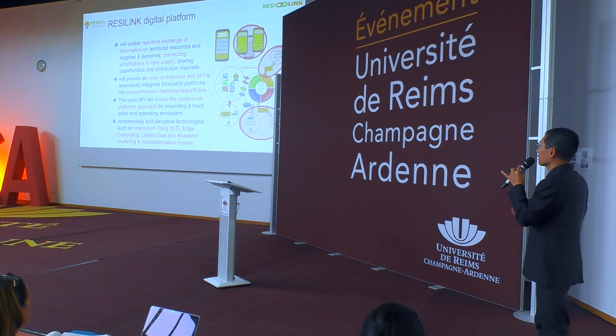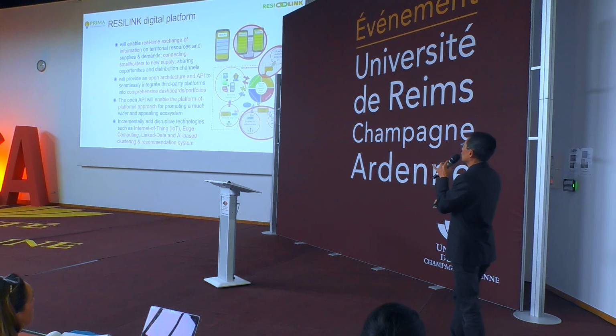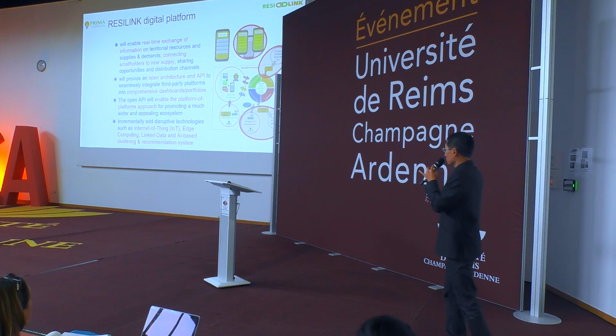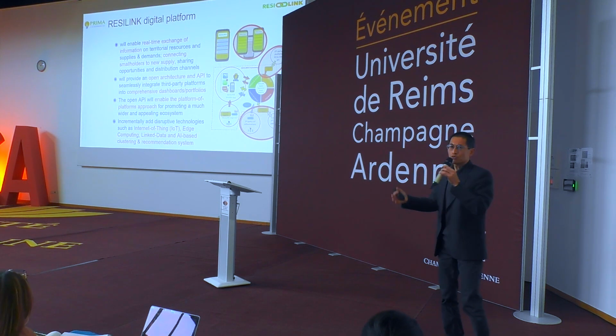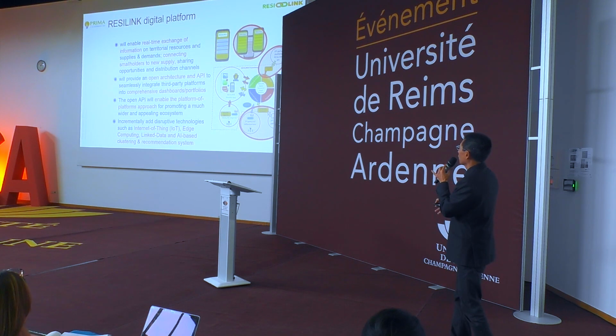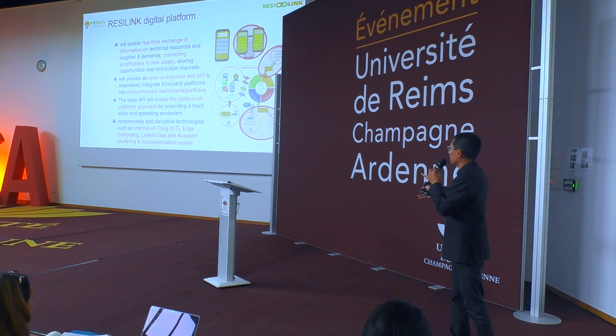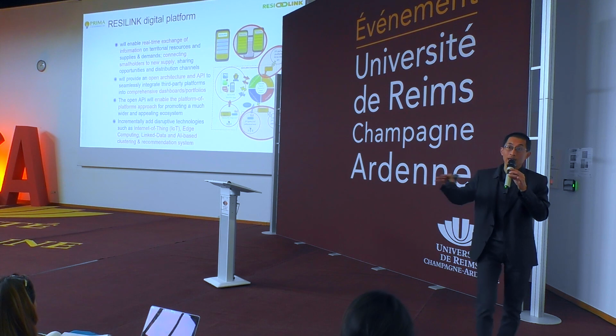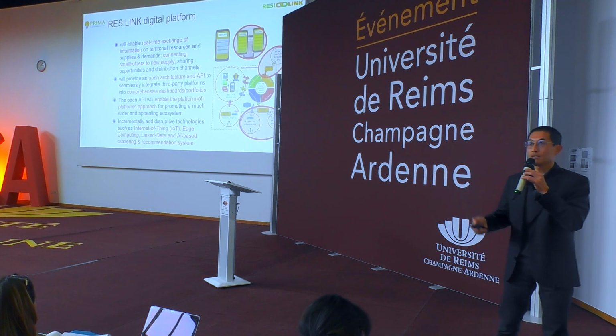So it is more of a platform approach. And of course, we want to integrate disruptive technologies such as Internet of Things, edge computing, and data lakes, and this is where some AI-based systems are also integrated.